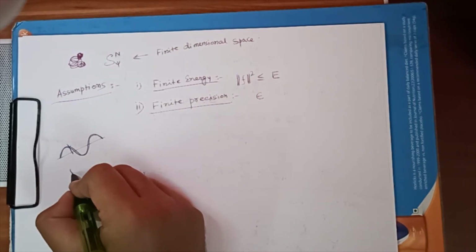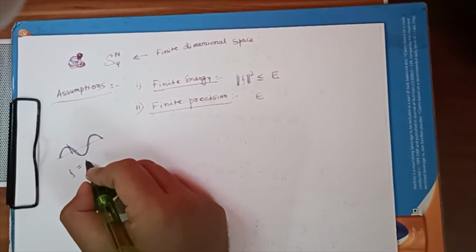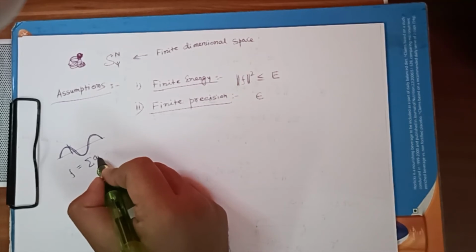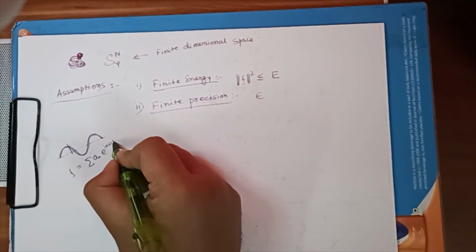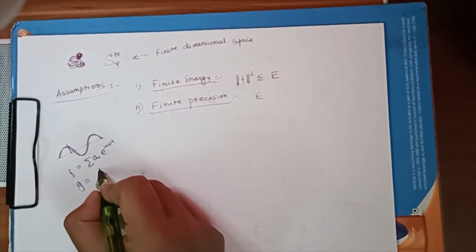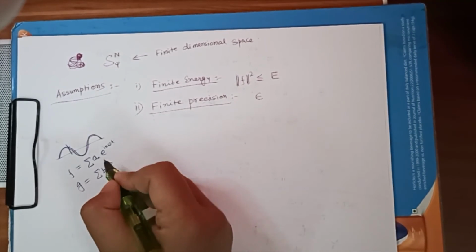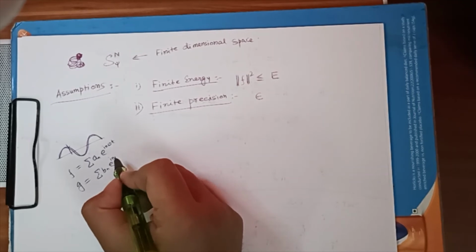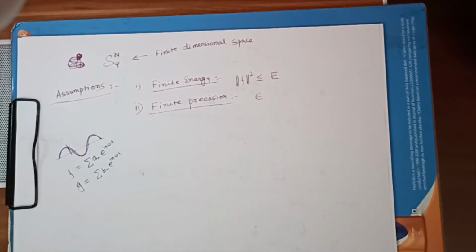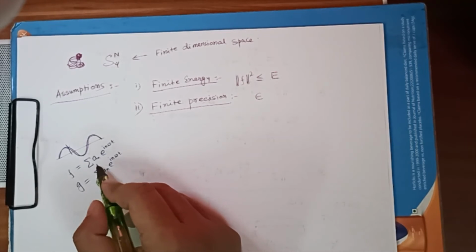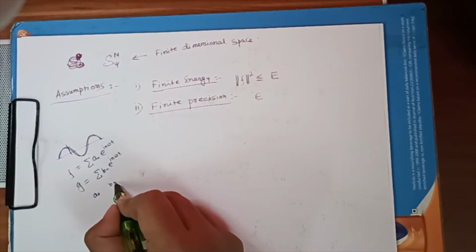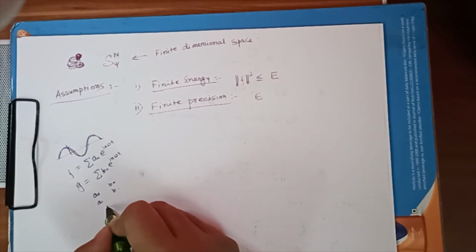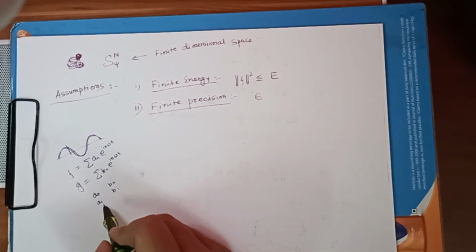For one signal f, the Fourier series is say the summation of a_n e^(i n omega t), and the second one is the summation of b_n e^(i n omega t), and then you can compare every a_n and b_n. So you compare a0 with b0, you compare a1 with b1, and you see. If you find anything which is not equal, then you will say they are different.